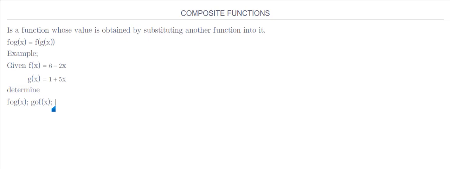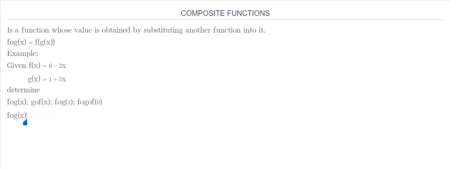The third part, f of g of 1. The fourth part, f of g of f of 0.